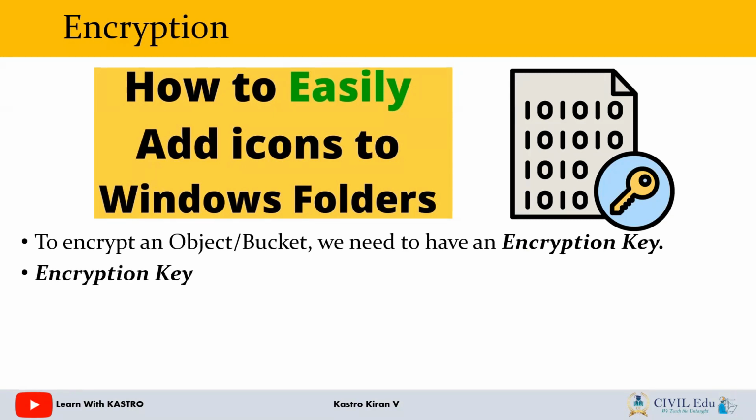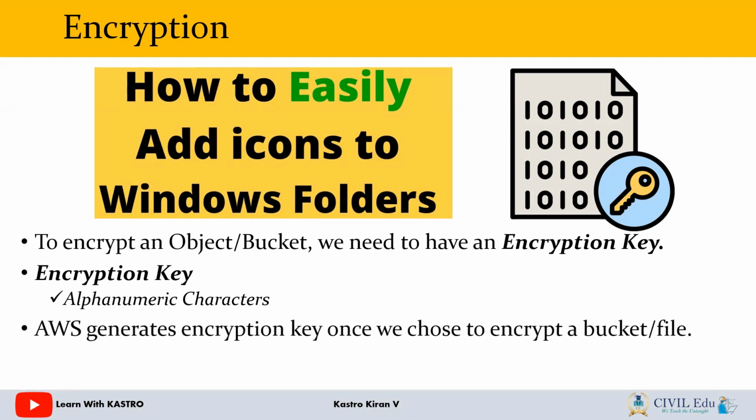Now, what is this encryption key? Encryption key is something which contains alphanumeric characters. And these alphanumeric characters cannot be decoded until or unless you have the encryption key. So here, encryption key plays an important role to encrypt the data or to decrypt the data.